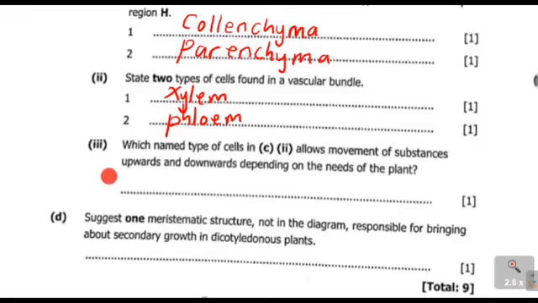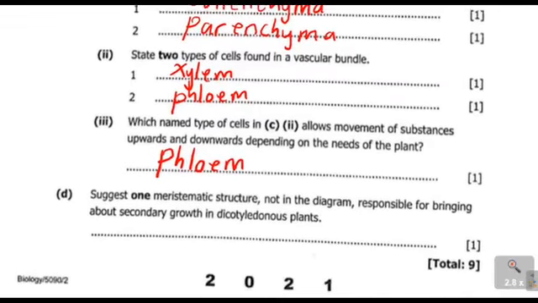So C3 wants us to identify which of these two cells allows movement of substances upwards and downwards depending on the needs of the plant. The cell that will be able to do that is the phloem cell. So here you write our answer, phloem. The xylem just allows movement of substances upwards in the plant. It doesn't transport them downwards.